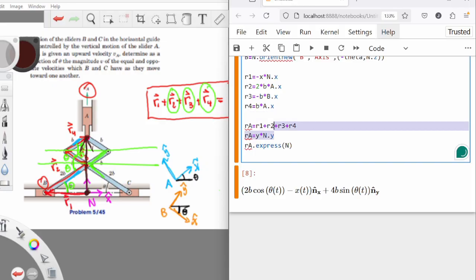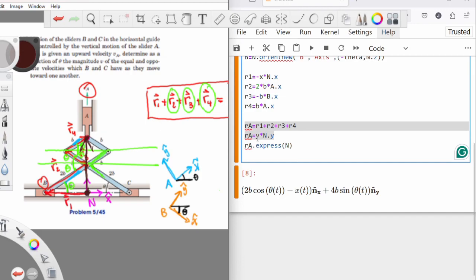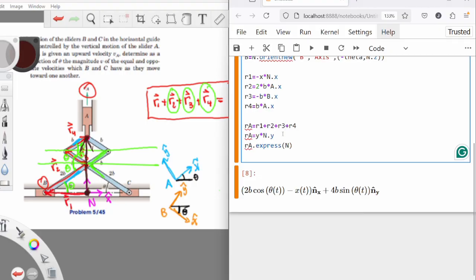And here you can see that we have an equation. We have a relationship between two vectors. We are describing the position of A going through the red vectors, and we also can describe the same thing going just from the ground to the point by using the new variable y. We can write a different type of expression.